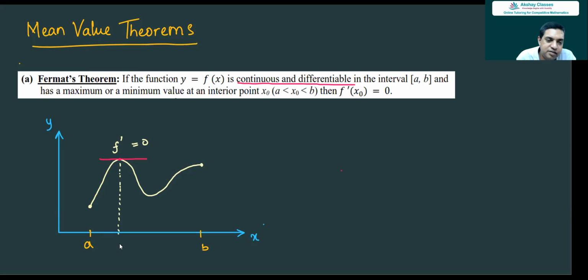According to Fermat, say this point is x0. If it is a maximum, then the derivative will be 0. Similarly, if it's a minimum, here this is a local minimum, so the derivative will be 0. So we use the concept of derivative being 0 for maximum and minimum. It is actually coming from Fermat's theorem.